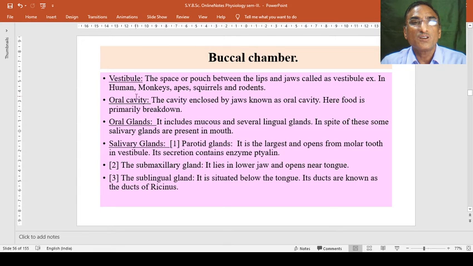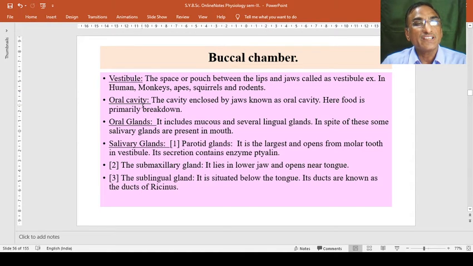In humans, monkeys, apes, squirrels or rodents, we see that they can take the food material into the chamber of the vestibule. Mostly we have seen that a monkey takes some grains of food into the vestibule and stores it, and then later one by one takes it as food crushing into the esophagus.